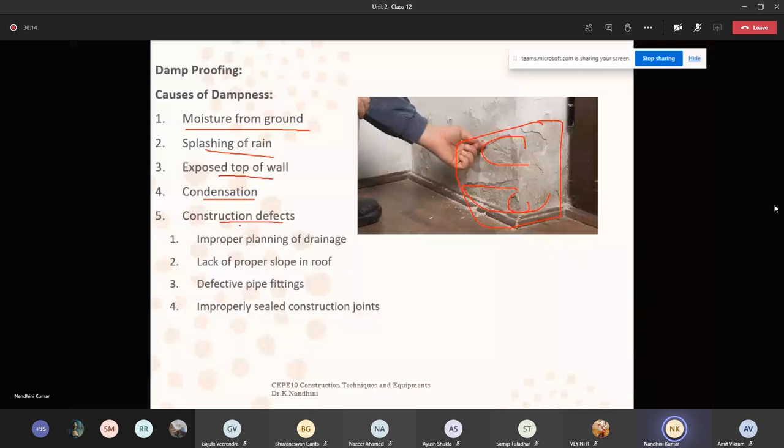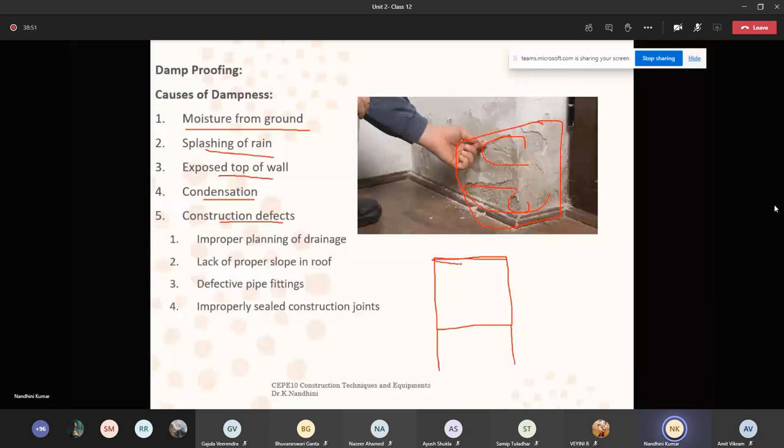Improper planning of drainage. Do you agree? If you did not provide proper drainage to your structure, will this dampness occur? Yes, ma'am. I'll tell you an example. Imagine this is your terrace roof. You can go sit in your terrace and check whether it is 100% horizontal or a little sloped.